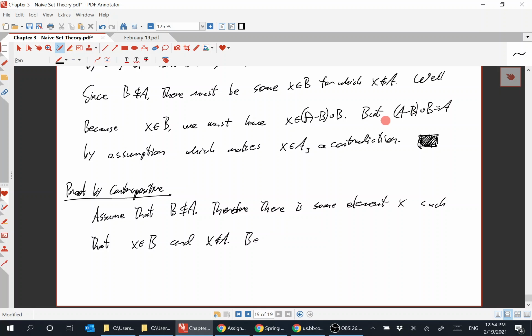So following this same reasoning here, because X is an element of B, we get that X is an element of whatever union B.